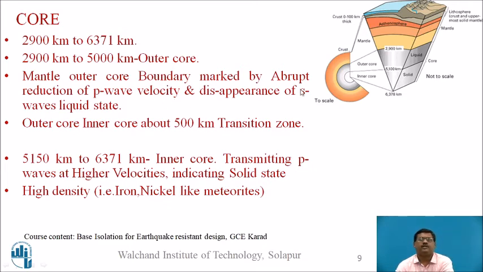Pressure is very high, and the central portion, that is the inner core, 5150 kilometer to 6371 kilometers, is solid nickel or iron, the most dense material in this central portion, which is the solid part. The outer part surrounding that is the outer core, which has lava and magma, very hot material, and the temperature gradient established in the 4 layers is because of this outer core.